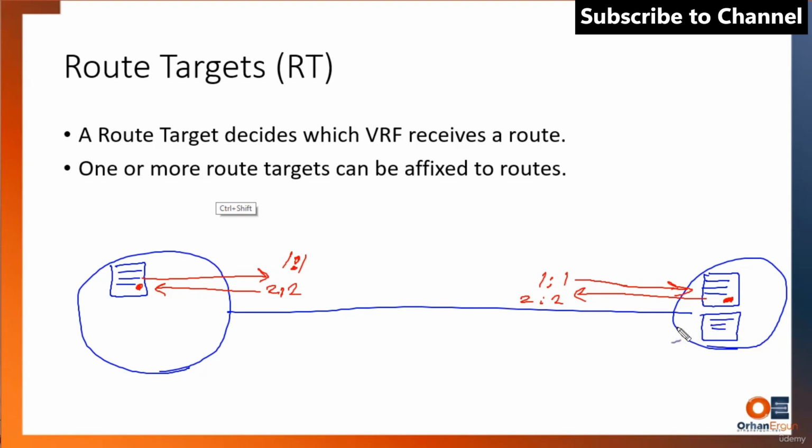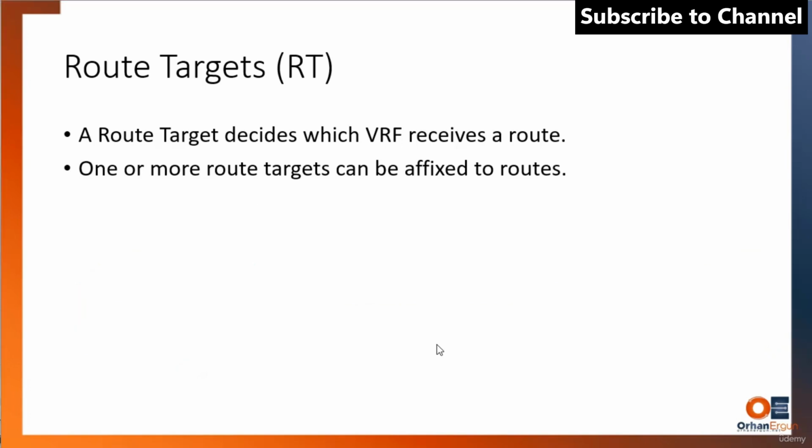So I can do that. I can say I am importing 1:1 as well. So this is possible. There are scenarios which we are going to cover and tell you what are the situations in which we do this, but right now we are going to just go with this.